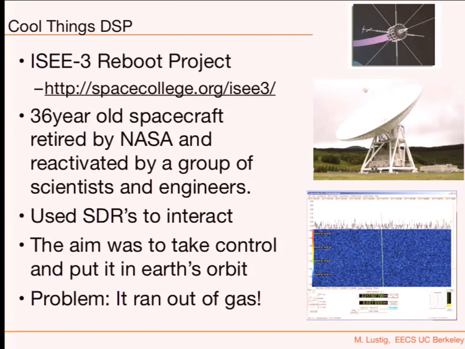The idea was to take over this spacecraft and, once you take control of it, use the thrusters to put it in orbit around Earth, and use SDRs and these big antennas to communicate and receive signals from it. They actually used GNU Radio.